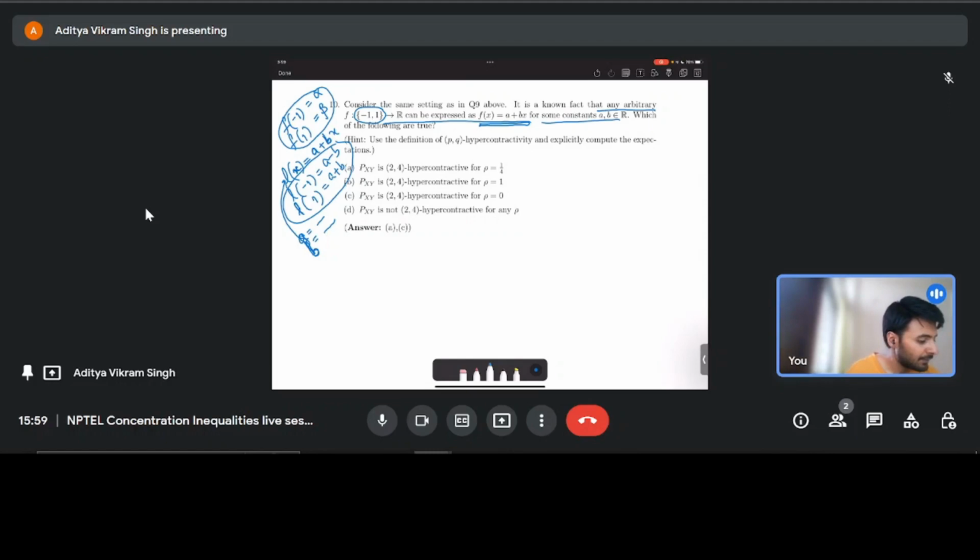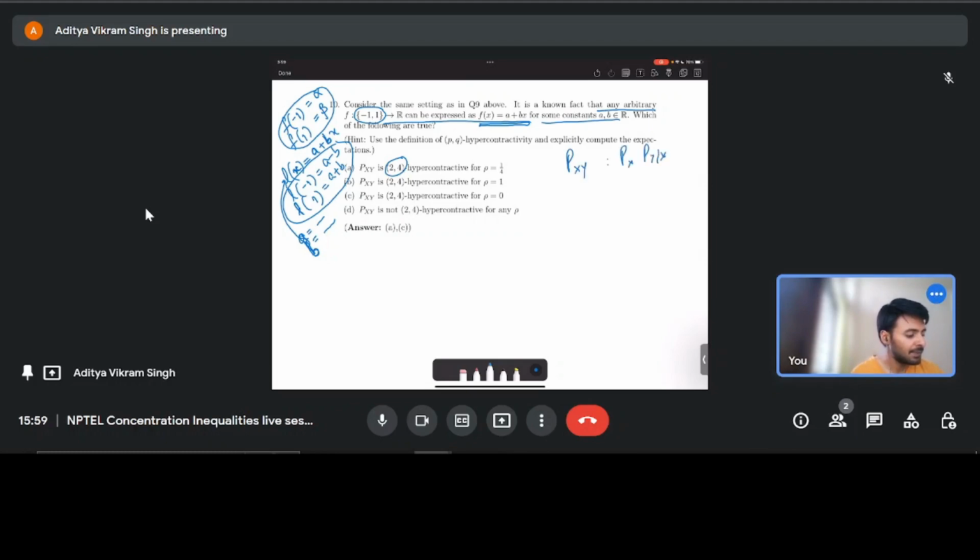Use the definition of PQ hypercontractivity and explicitly compute the expectations. All these options deal with 2,4 hypercontractivity. So we want to say for which rho this holds, so what is pxy? Pxy is the same as px times p of y given x.